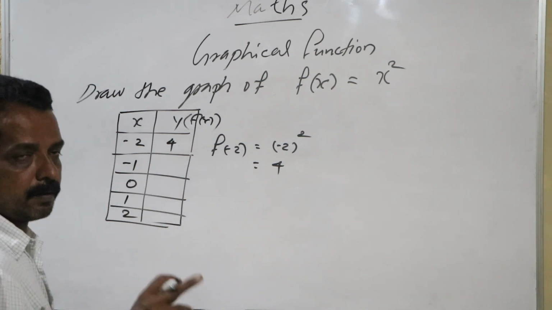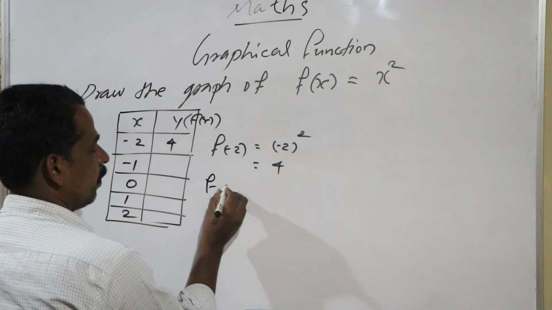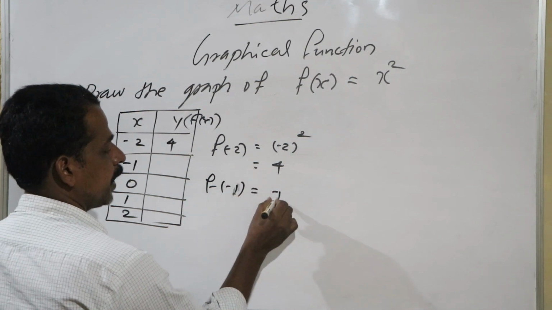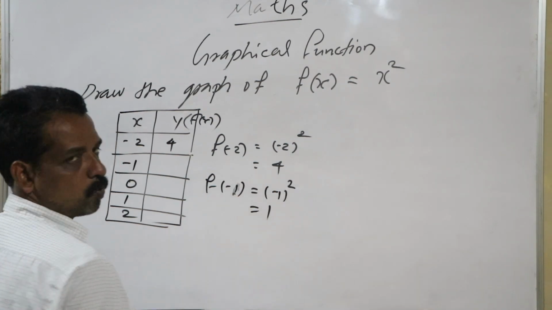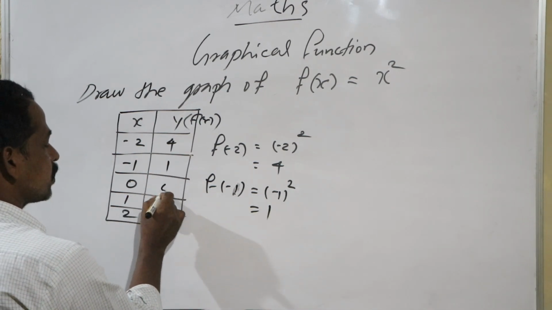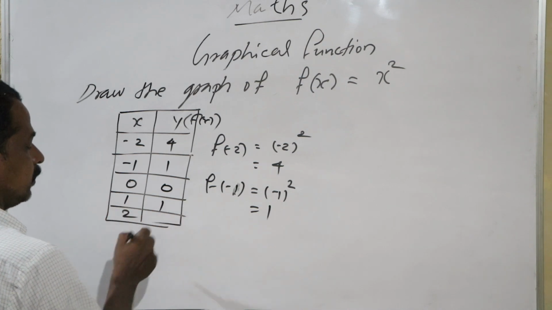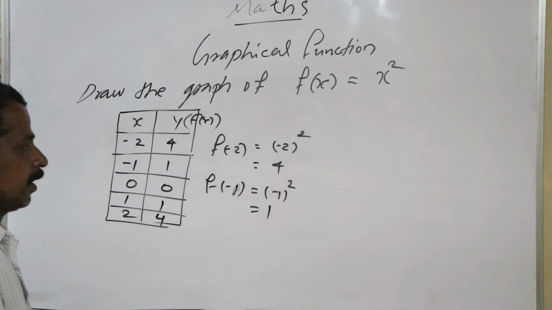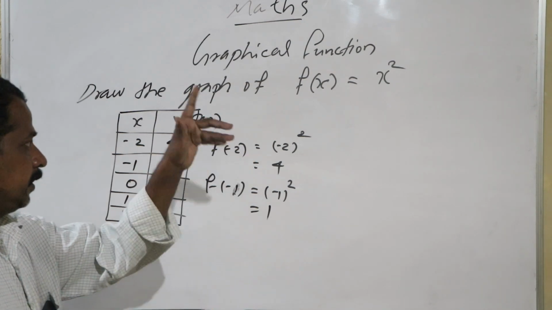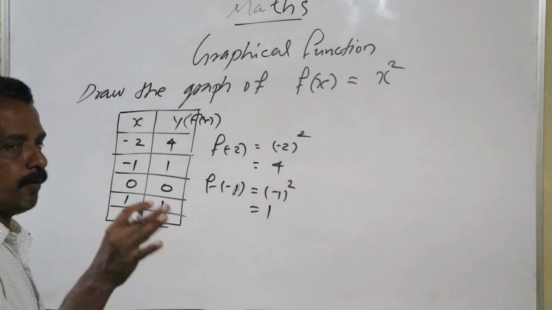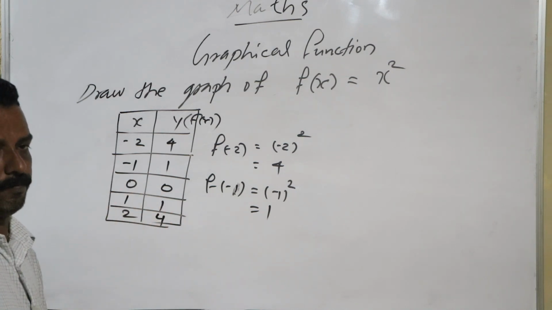Then we must find out f of -1, which is equal to -1 the whole square, which is equal to 1. The square of 0 is 0, the square of 1 is 1, the square of 2 is 4. At first, we must pick out 5 x values. Why?